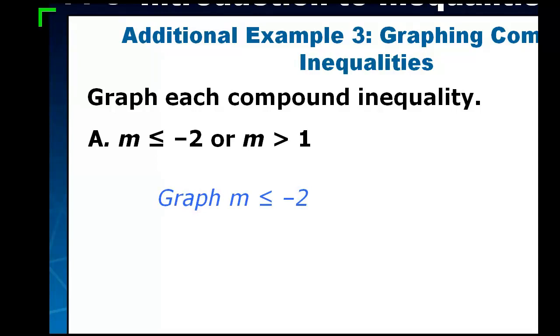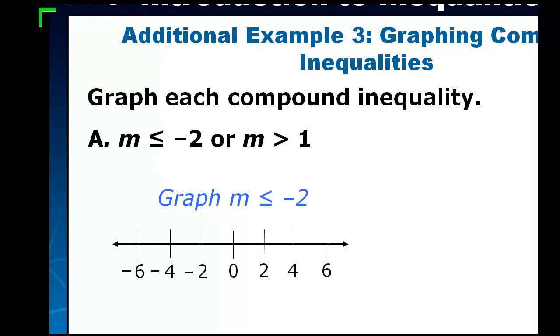First, I will graph m smaller than or equal to -2. I will graph this first. I have a number line. I will go to -2 and draw a circle. Here the circle is closed. Why is the circle closed? Because I have here equals. So the circle is closed.